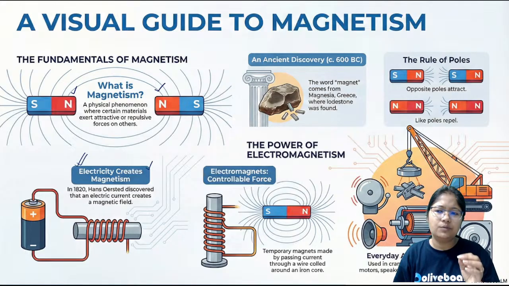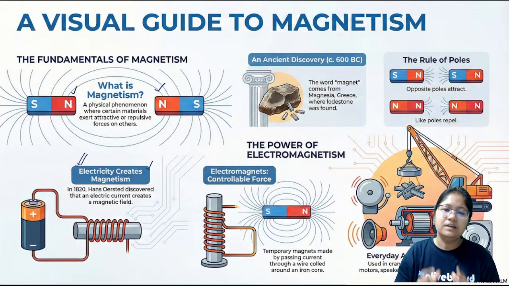Now, just a quick recap of what we studied in motion. If you try to remember, in motion you had studied that every action has an equal and opposite reaction. Remember? That was in motion. Now, in physics, though the topics and concepts are different, even in magnetism there is some kind of force, and some kind of attraction and repulsion.